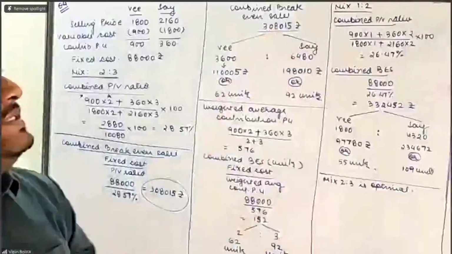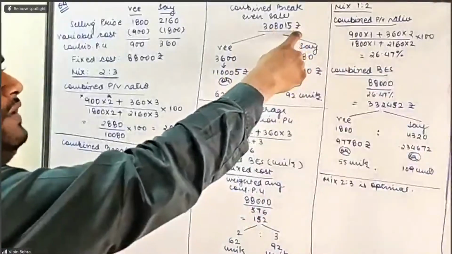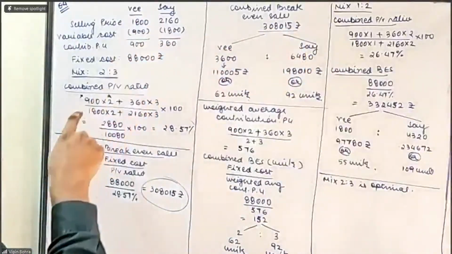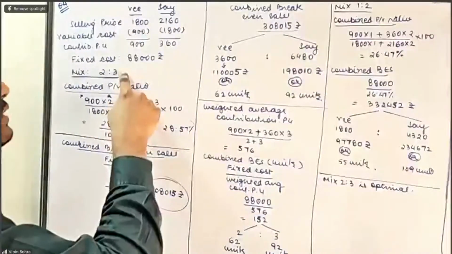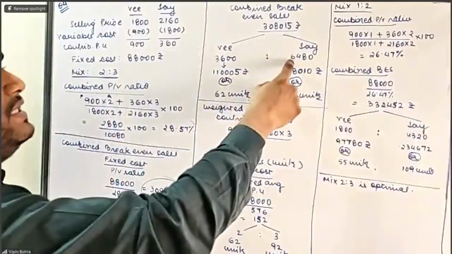This is distributed. See, 308015 is distributed in the ratio of sales, that is 1800 into 2 and 2160 into 3. So 3600 and 6480.